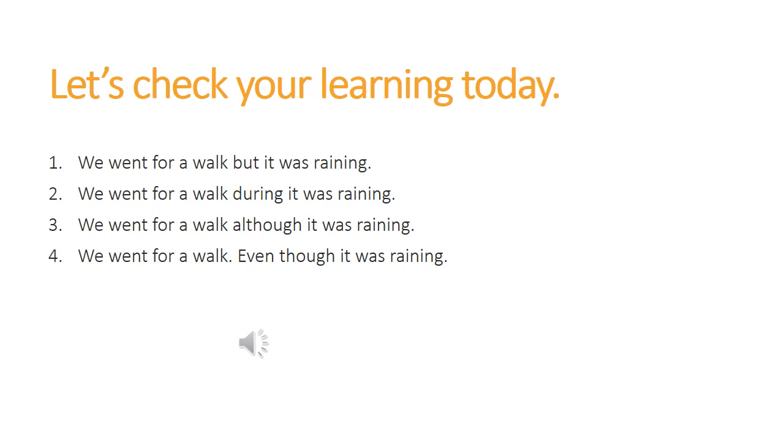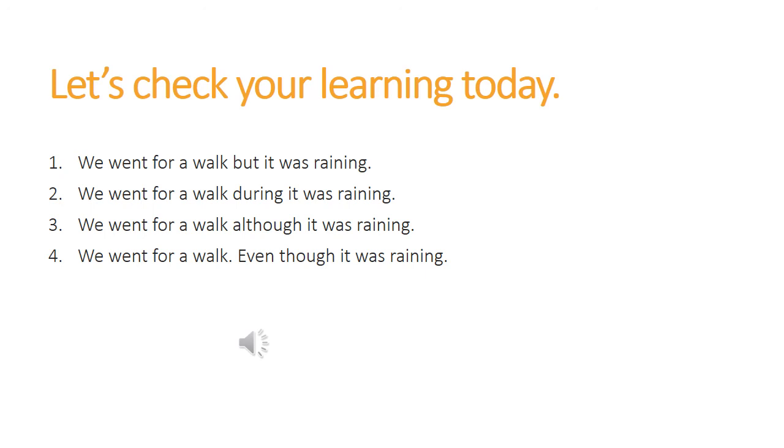But why are the others not right? Well, sentence 1 does have a conjunction, but it's not a subordinating one, but is a coordinating conjunction, and there are 2 main clauses there that have been joined together to make a compound sentence. So that is not a complex sentence.